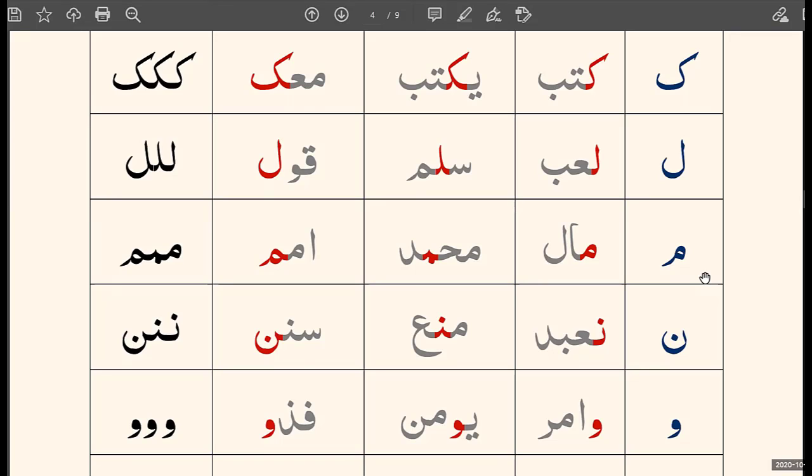Ha and dal, there's another letter in between. Mim. Dal. Alif. Mim. Ha. Mim. That's the meme as well. All three, the last column, all three memes, meme, meme, and meme.